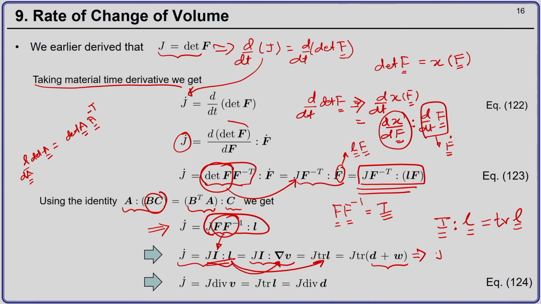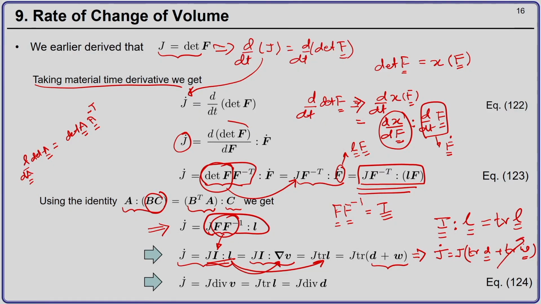Now, I can open up the bracket and write J dot as J times the trace of D plus the trace of omega. You know that D is a symmetric tensor and omega is an anti-symmetric tensor.